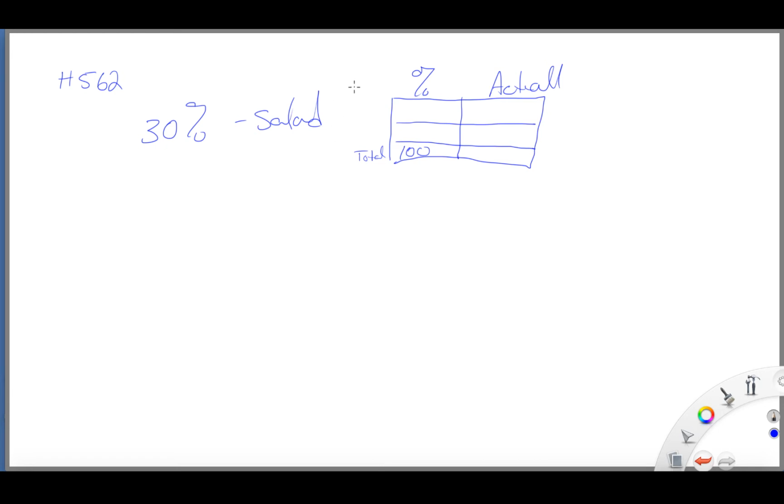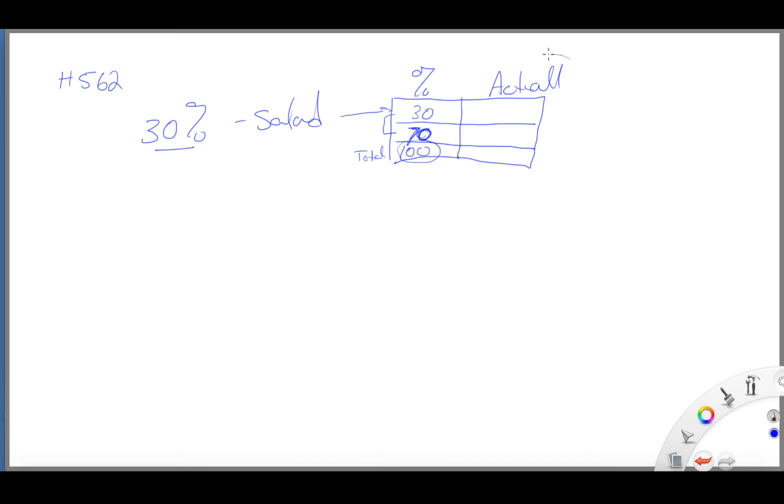It gave us 30, and that was salad. That means whatever other thing they could order was 70%, because these two have to add up and equal 100. So even though they only told us 30%, we were able to figure out pretty easily what 70% was. So let's begin.